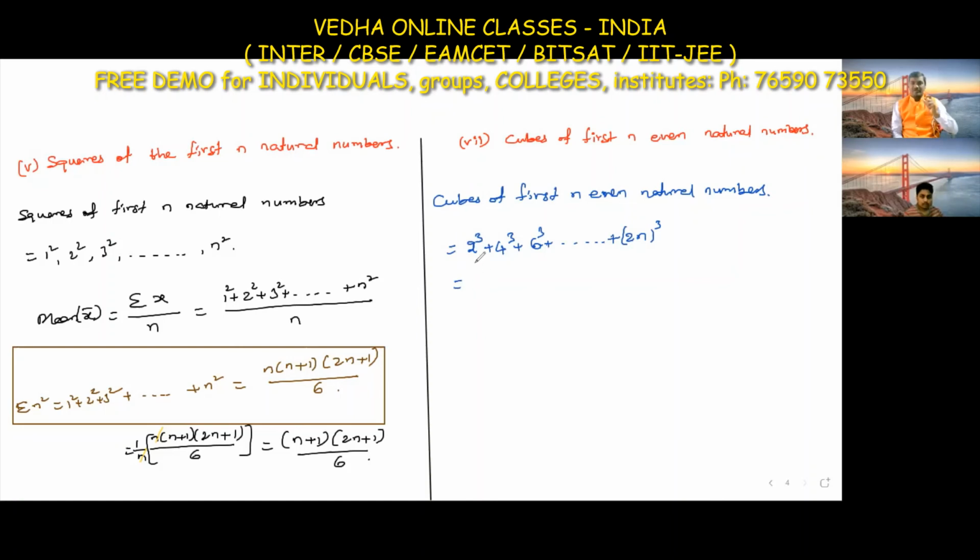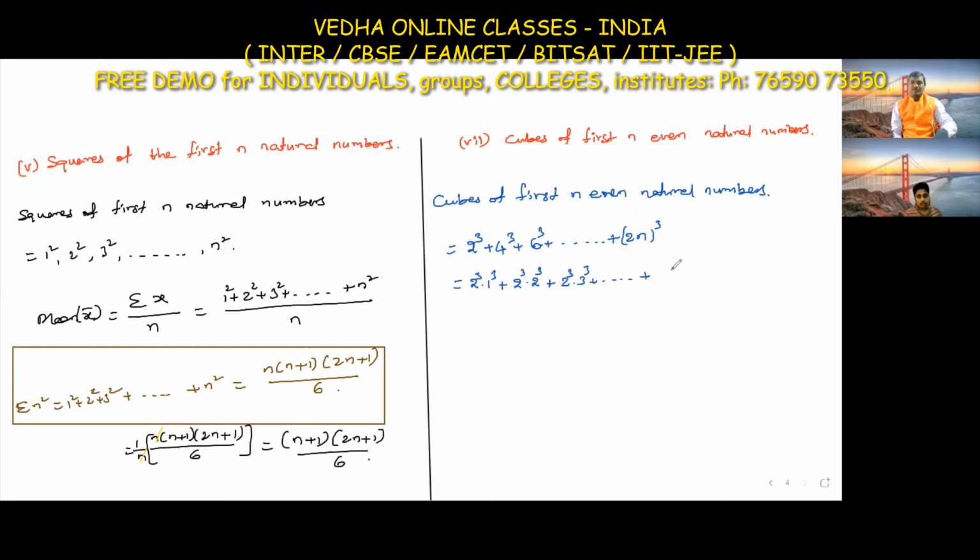Here 2 cube we can write as 2 cube into 1 cube, and 4 cube we can write as 2 cube into 2 cube, since 4 is 2 into 2. For 6 cube, 6 is 2 into 3, so I write this as 2 cube and 3 cube, and so on.